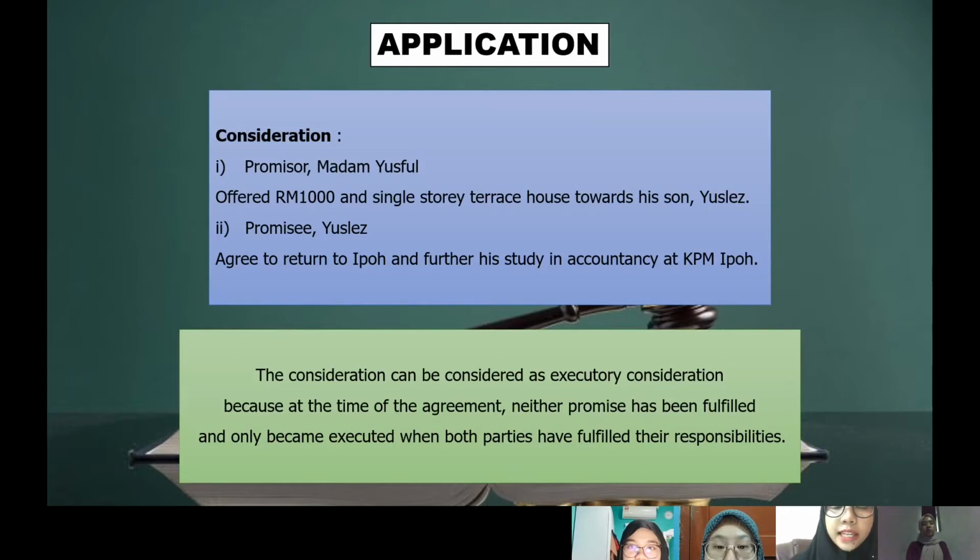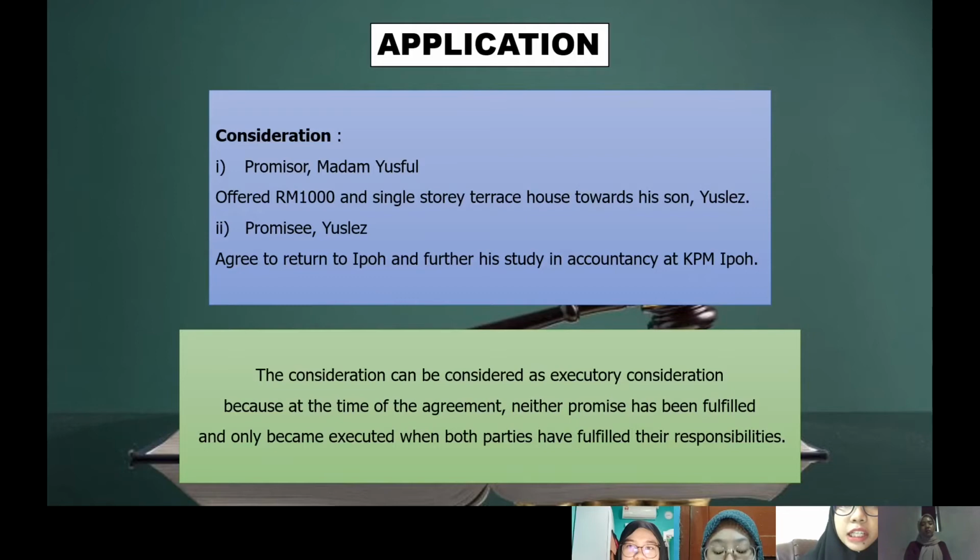Firstly, there are two considerations: consideration as promisor, where Madam Useful offered RM1,000 and a single-story terrace house to her son Useless, and consideration as promisee, where Useless agreed to return to Ipoh and further his study in accountancy at KPM Ipoh.